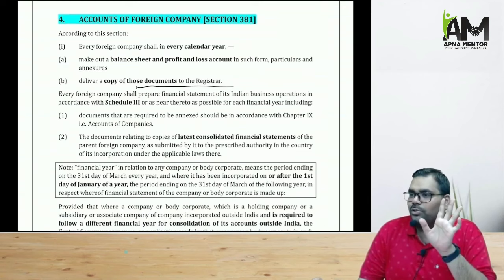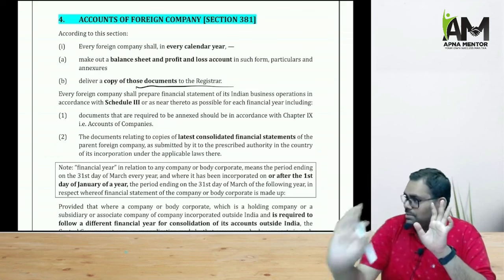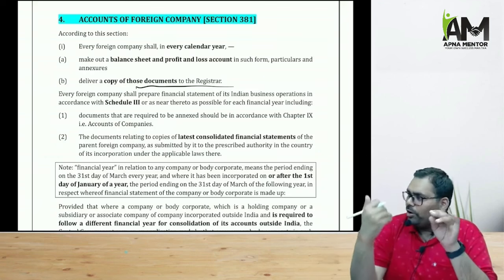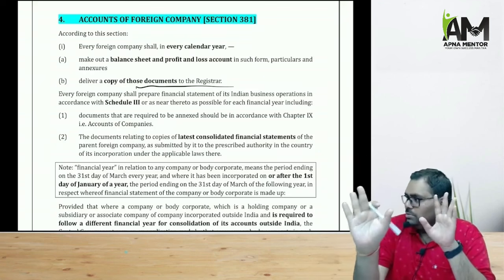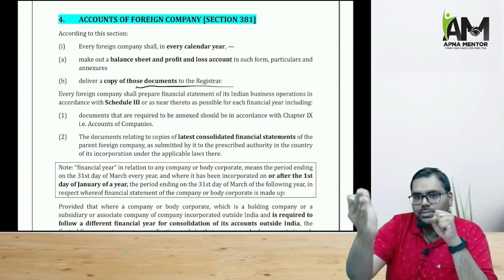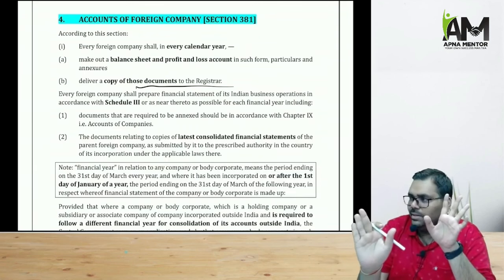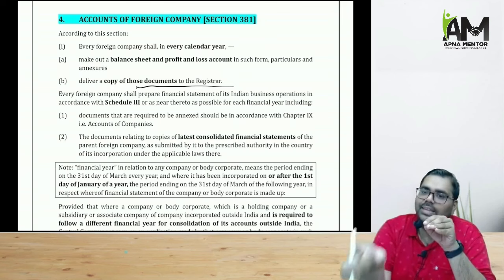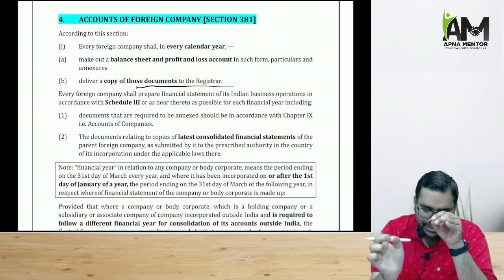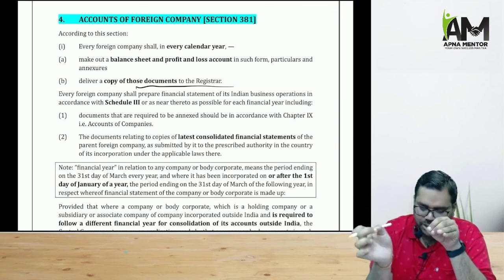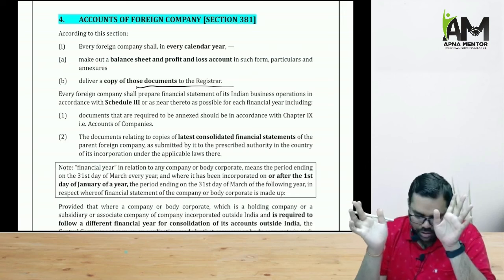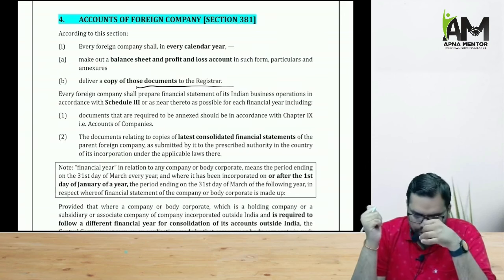We are not asking you to make accounts as per Schedule 3 for your foreign business. Whatever way you prepare accounts for your foreign business, prepare them. We are not concerned with that. But only with respect to Indian business, we are saying prepare the financial statements as per Schedule 3. That is quite logical also.